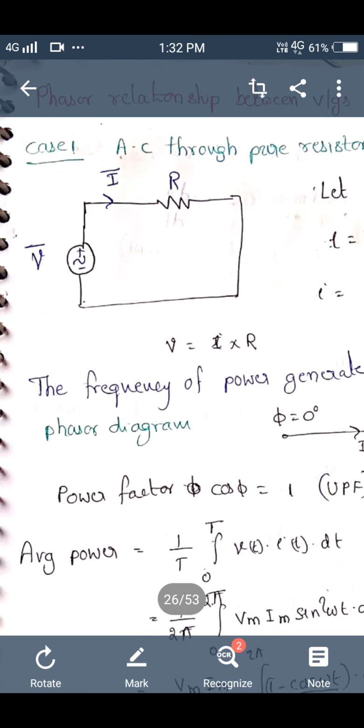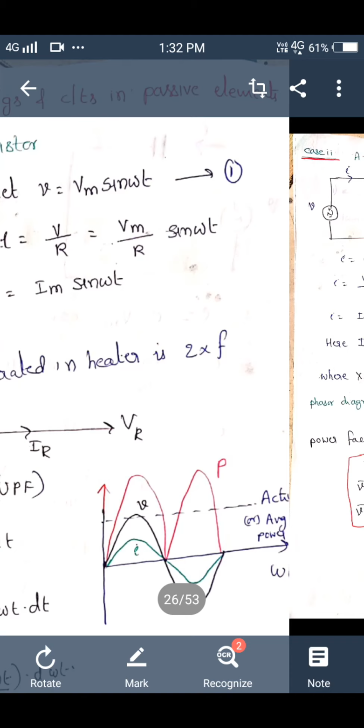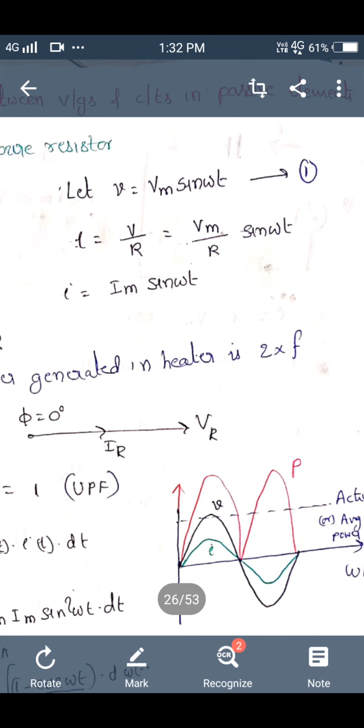So first we assume the instantaneous value of voltage v as Vm sin omega t. Then if I ask current i is equal to what? Only a resistor and voltage source are there, so i is equal to v by R, that is Vm sin omega t by R. This I can write as Vm by R into sin omega t. V maximum by resistance is the current maximum according to Ohm's law.